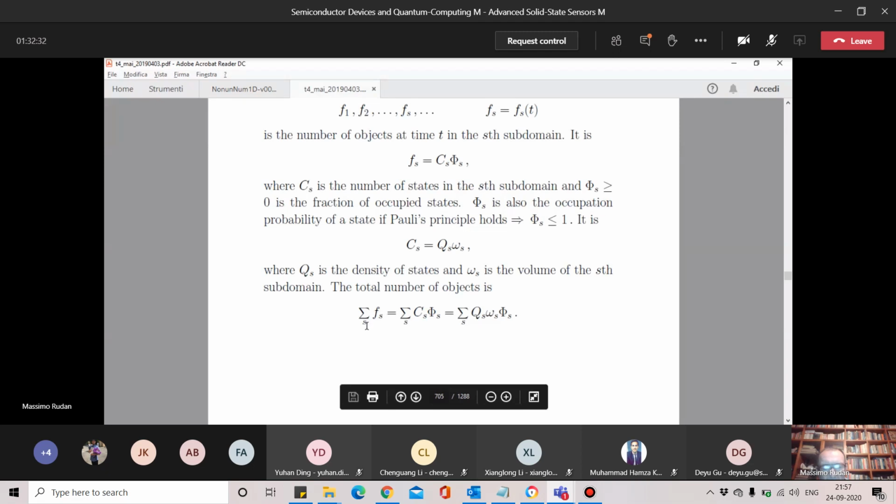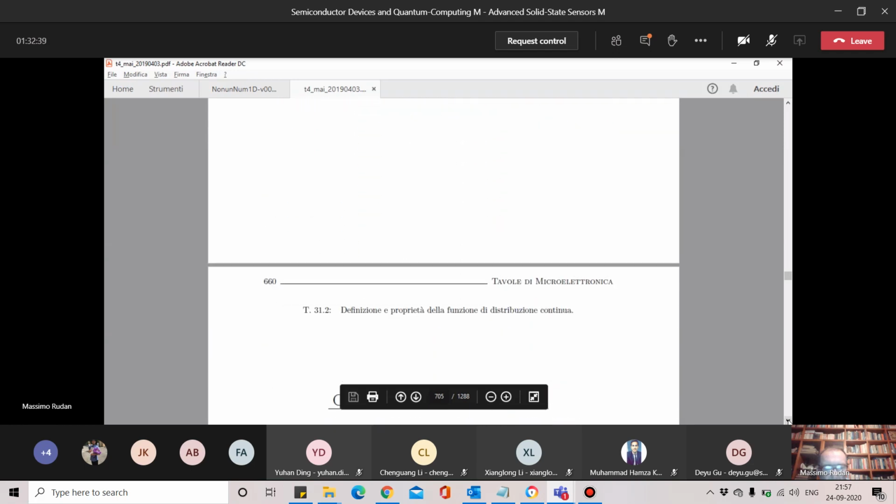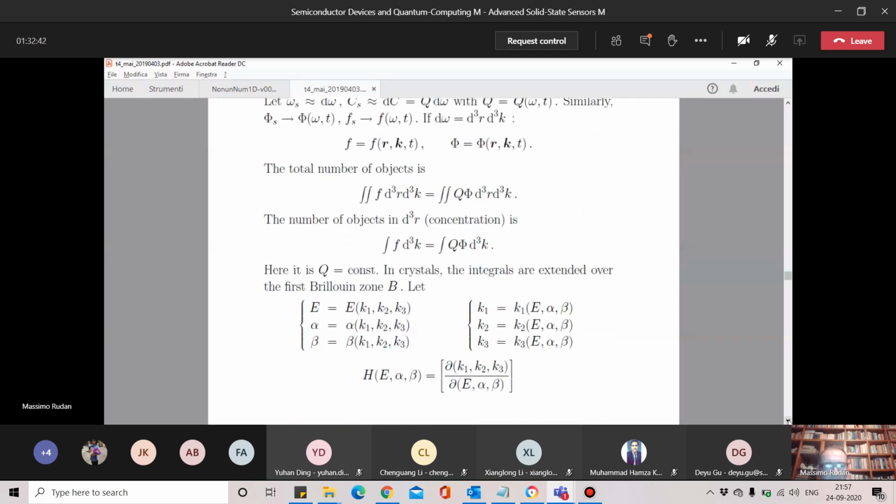Okay, now the index has become R and K. So from discrete to continuous, in order to find the total number of objects, we must integrate the distribution function over R and K. And another possible expression is integrate Q times phi again over R and K. This gives you the total number of particles of the system by definition of the distribution function f.